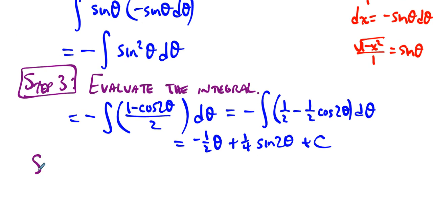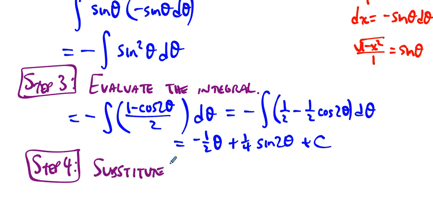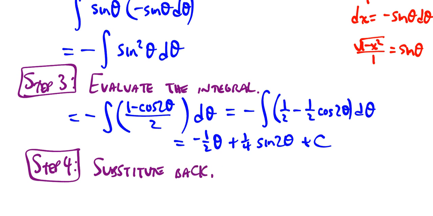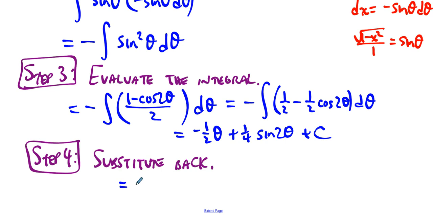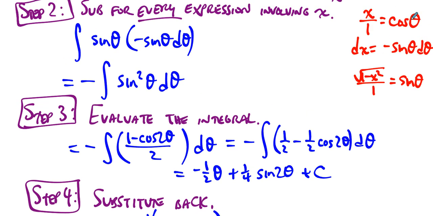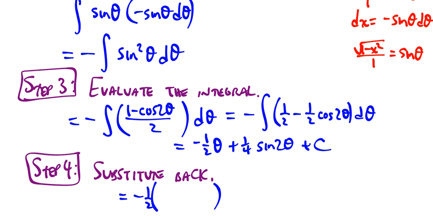Well, time to substitute back. And this is where things get a little bit tricky. What's theta? Well, theta is this angle here. Can't divide by cosine, but we can think about theta as the angle whose cosine is x over 1.